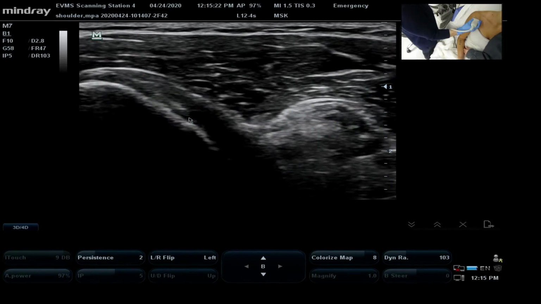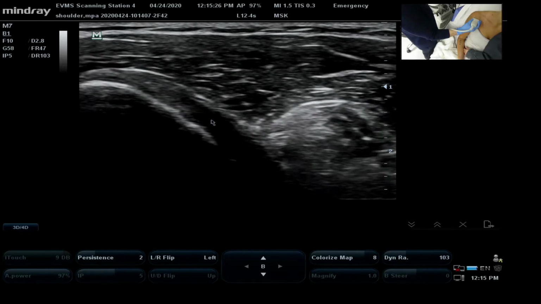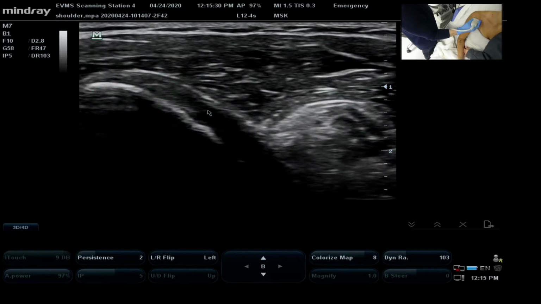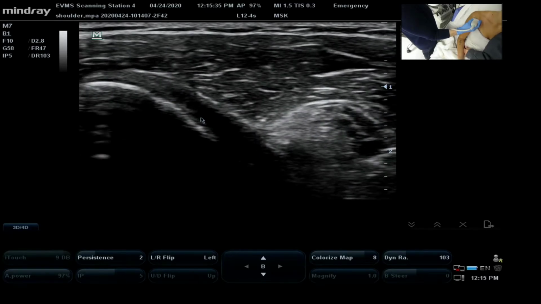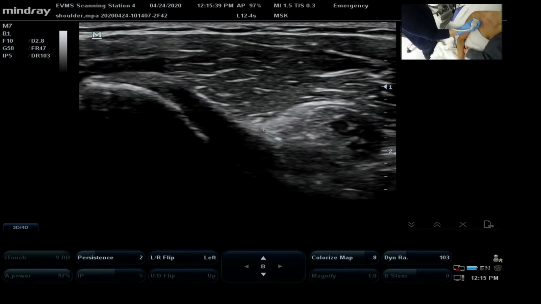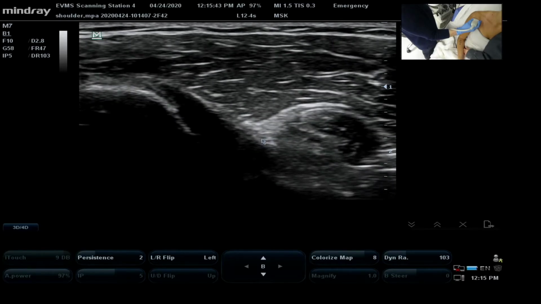And now we can see that this indeed was the subscapularis tendon. But we have a problem, right? We have an issue of anisotropy, so we cannot see the tendon fibers very well, so we need to pull this tendon out from underneath the coracoid.